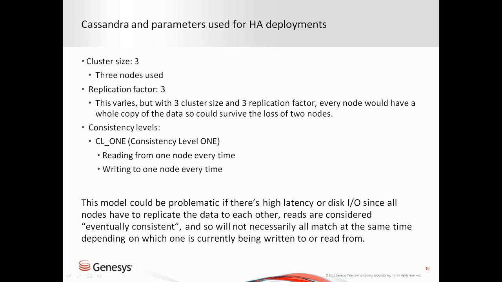Eventually consistent means that you might get old data from some nodes and new data for others until the data has been successfully replicated and synchronized across all devices. So the idea is that this way you can increase read-write speeds and improve tolerance against potentially dead nodes, which is the purpose of high availability. You can survive the loss of 2 nodes.